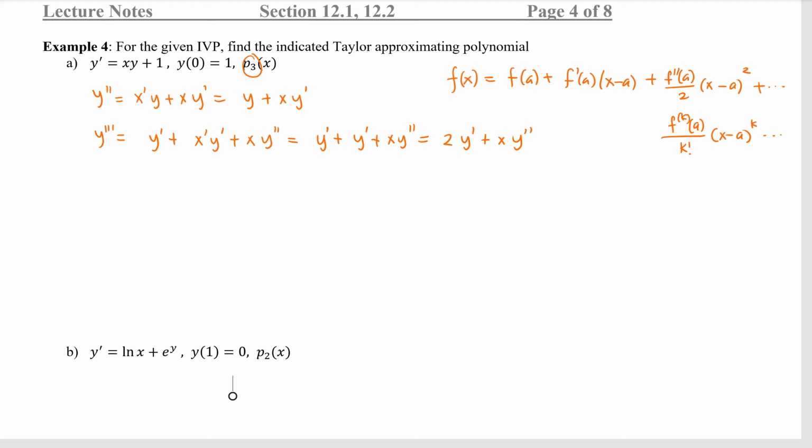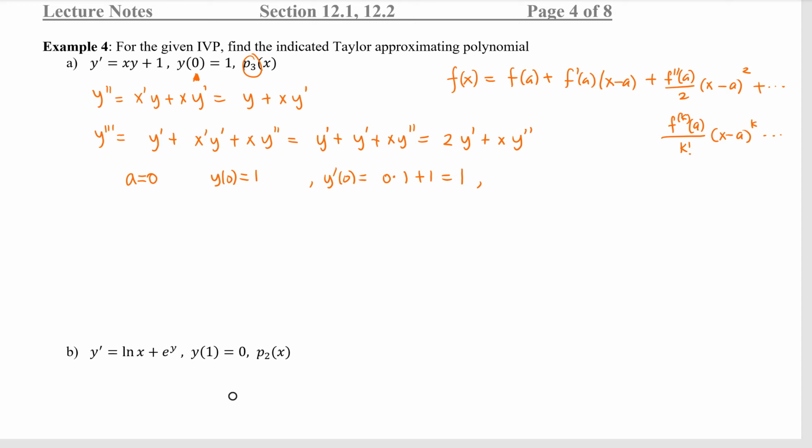Now our initial value, a is 0, and y of 0 equals 1. Now what is y prime of 0? y prime of 0 is x, which is 0, times y of 0, plus 1, which is 1, right?